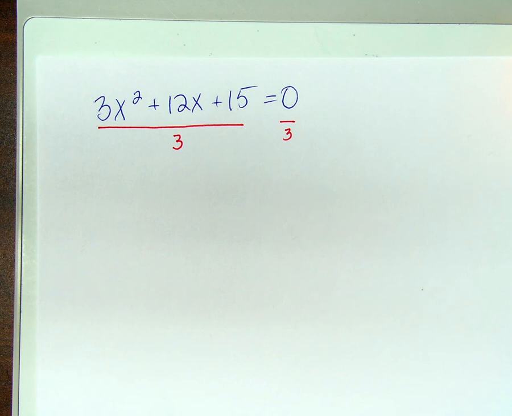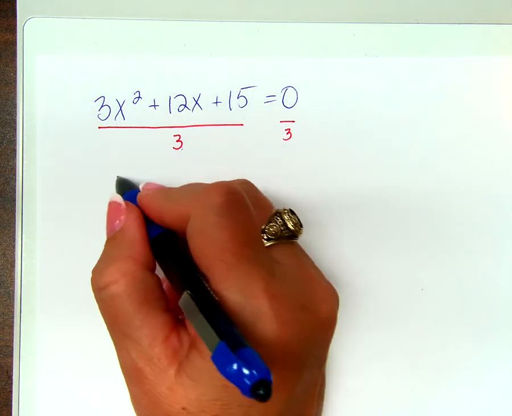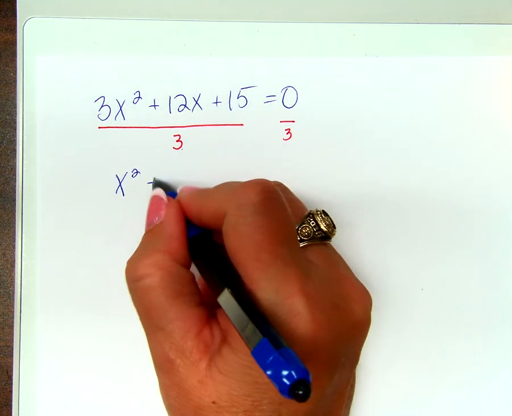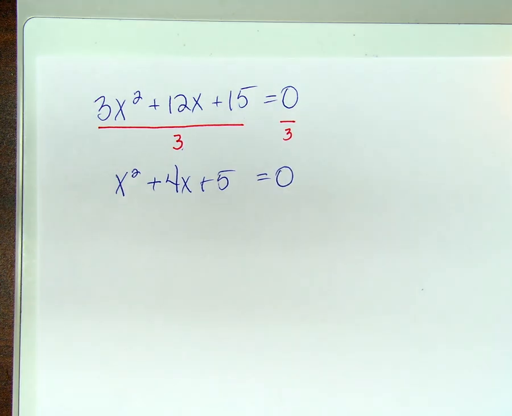Well, because I don't want you to get in a habit of only doing something to one side. I'm glad that you know that 0 divided by 3 is 0, but I don't want you to get in a habit of only doing stuff to one side. Okay? So when I divide everything by 3, what do I end up with? X squared plus 4x equals 0. Good job.